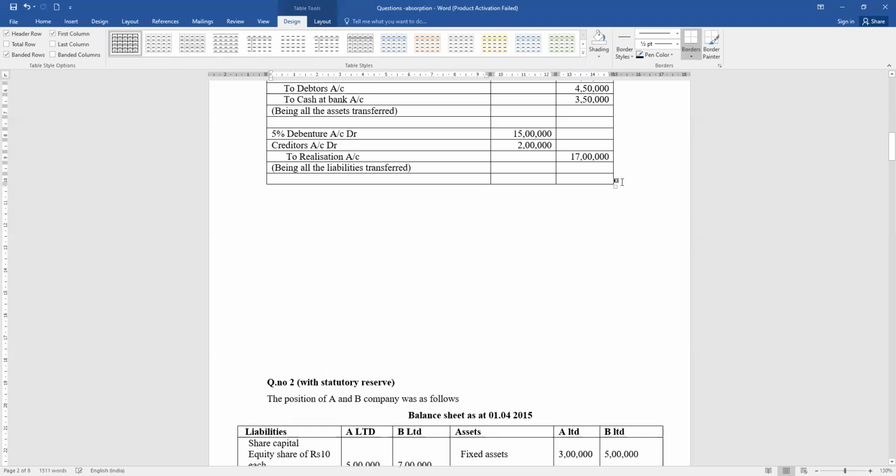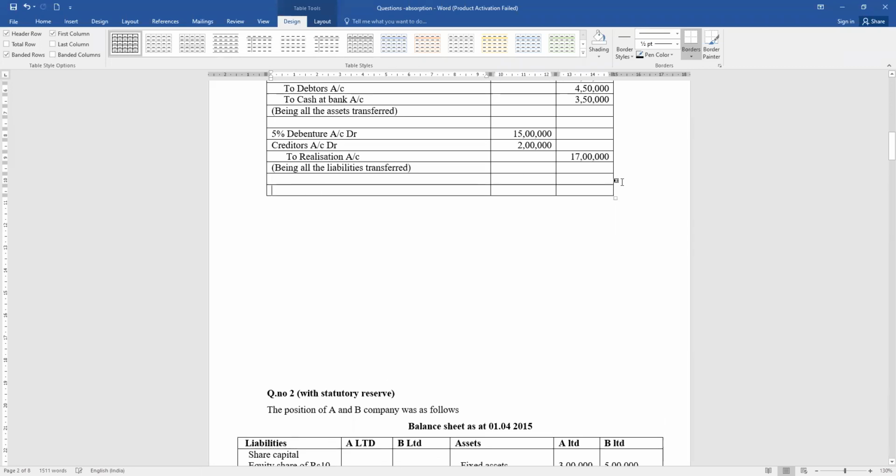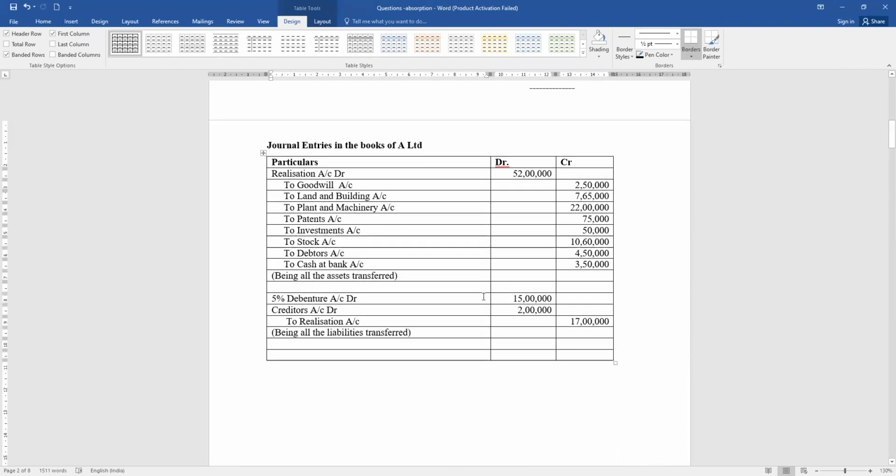After this, the third entry should be purchase consideration due. Assets, liabilities, PC due. For that, the entry will be purchasing company account debit to realization account. Here the purchasing company name is B Company. So B Company Limited account debit to realization account.